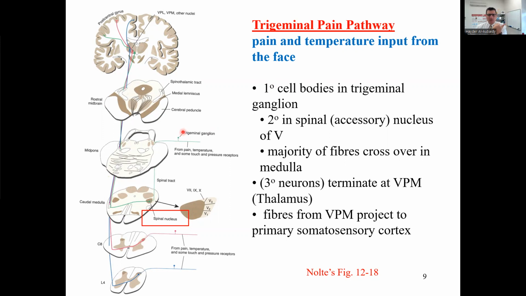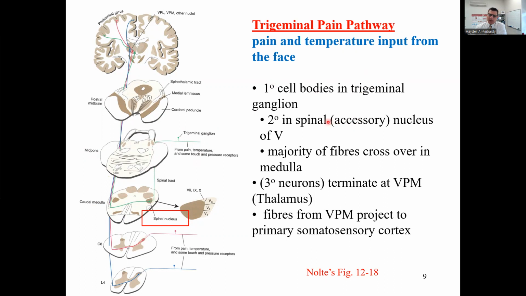In STT, it was dorsal root ganglia. The fibers will enter via the trigeminal nerve exactly at midpoints. But once it enters into the midpoints, it will descend inferiorly, go downward, and synapse with the second order neuron at the spinal nucleus of the trigeminal nerve at the level of medulla.